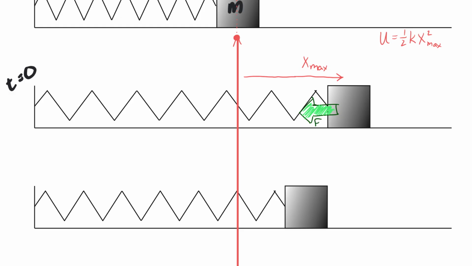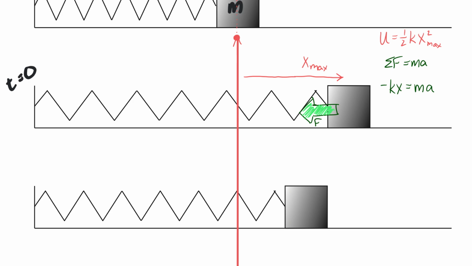Now, the first thing I want to impress upon you is that net force has to equal MA. Right now, this is as big as the displacement is going to get. And the force is the force from a spring, minus kx equals MA.